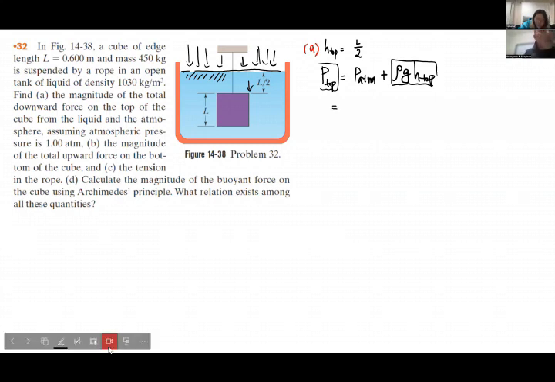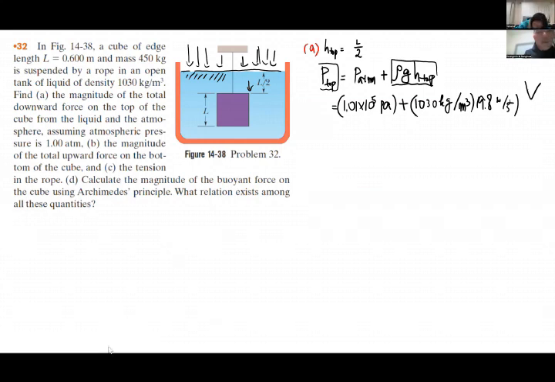Now P atm is about 1.01 times 10 to the 5 Pascal, as I told you before. And rho now is the density of the liquid, 1030 kilograms per cubic meter, and g is 9.8 meters per second square, and H top is how much?